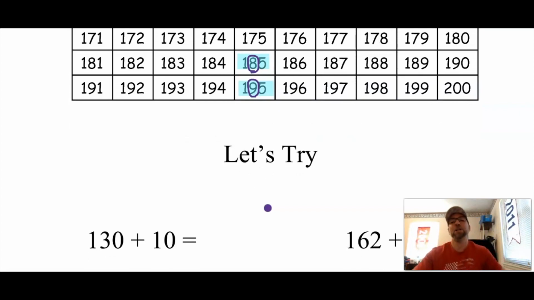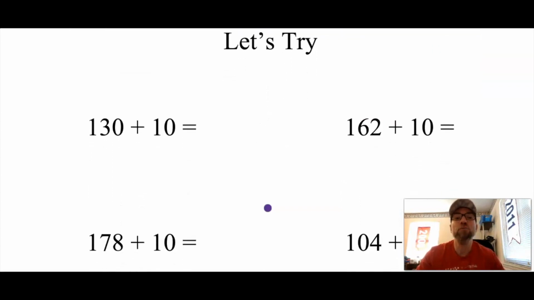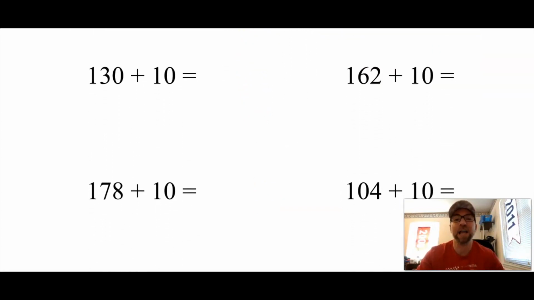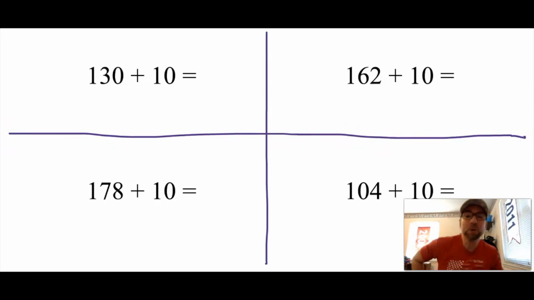All right, let's go ahead and let's try some on our whiteboard. Here's what I want you to do on your whiteboard. I want you to put a really big plus sign. A line going down the middle, up and down, and a line going across. And you're going to notice that there are 4 problems for you to try. You do not have to write down the whole problem. You can just write the answer in each box.